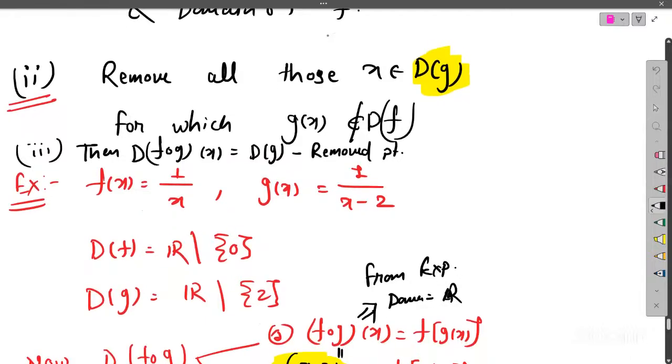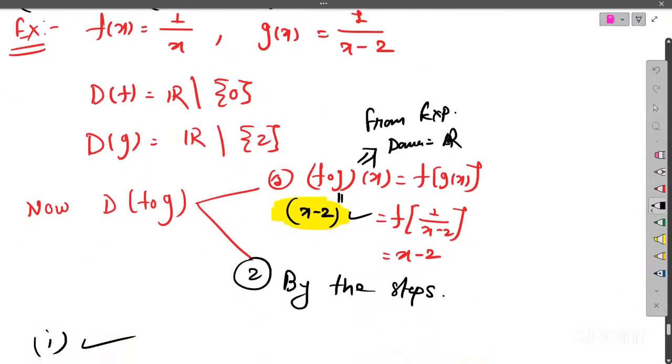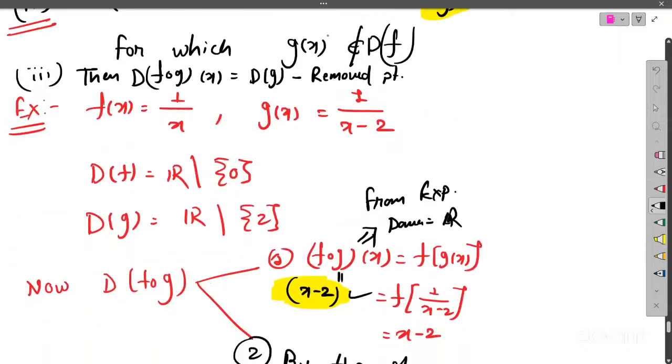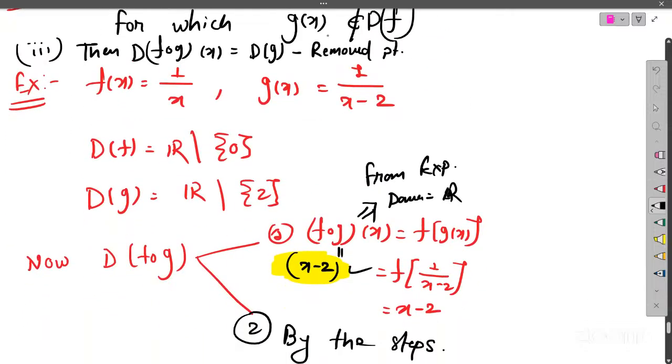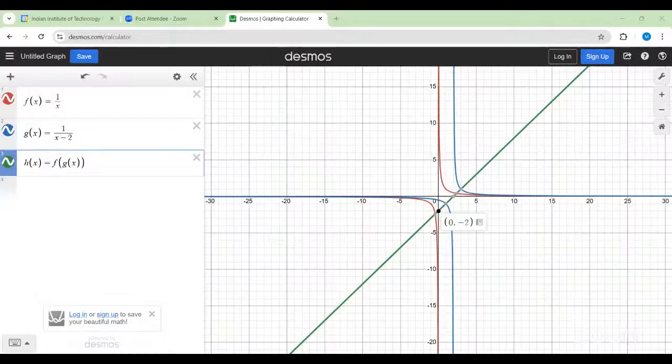Is Desmos giving the graph for f of x? Yes, this is giving. Can we see that once again? At 0, the values increase very rapidly. For example, at 0.069 or 0.0668, we have 14-point-something values.